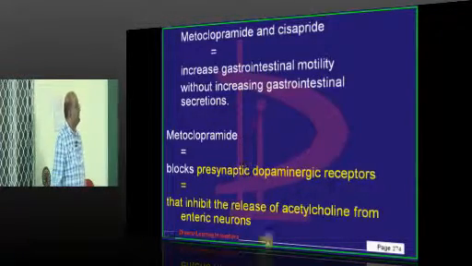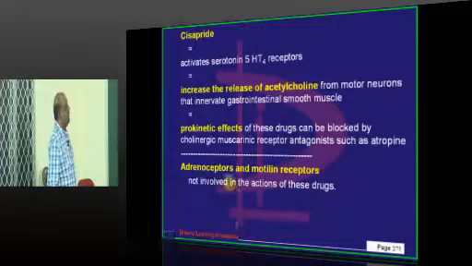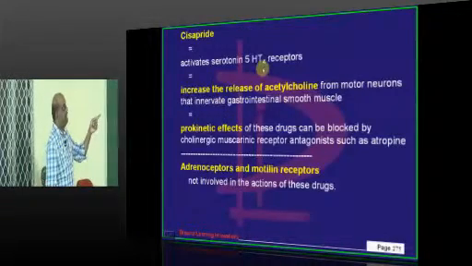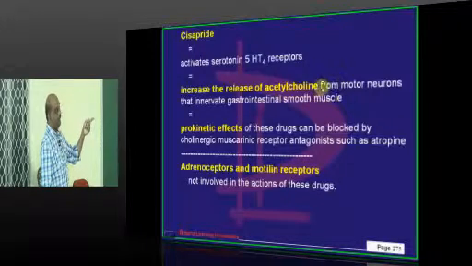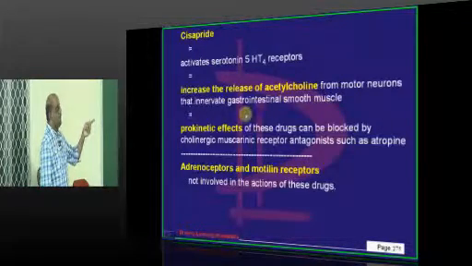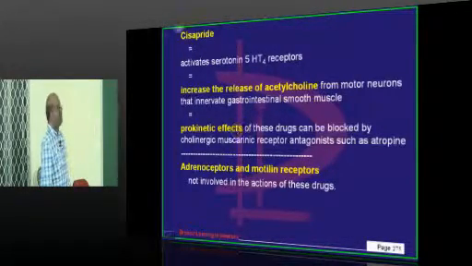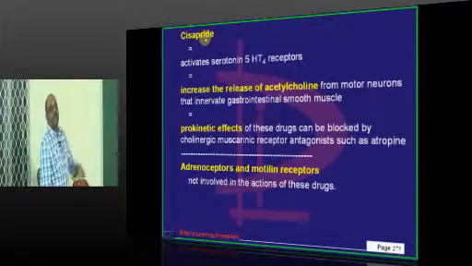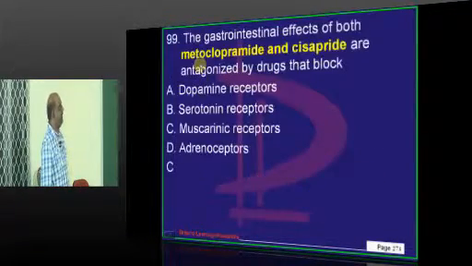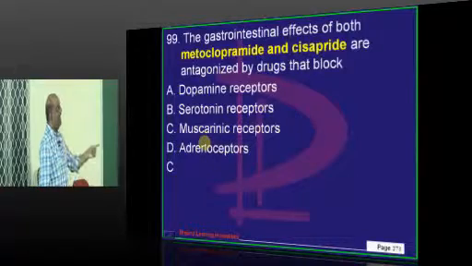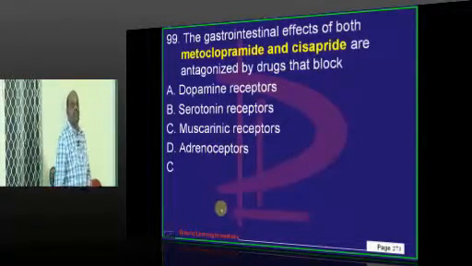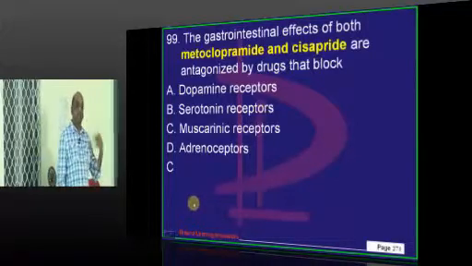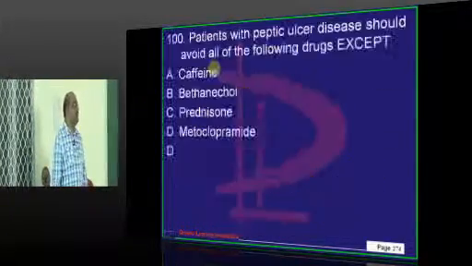So cisapride, it will activate the 5-HT4 receptors, and it will increase the release of the acetylcholine from the motor neurons that innervate the smooth muscle. That's how cisapride is an example of a prokinetic drug, as all of you know very well. Both of them basically act by acting on muscarinic receptors of the acetylcholine indirectly, is what needs to be remembered.